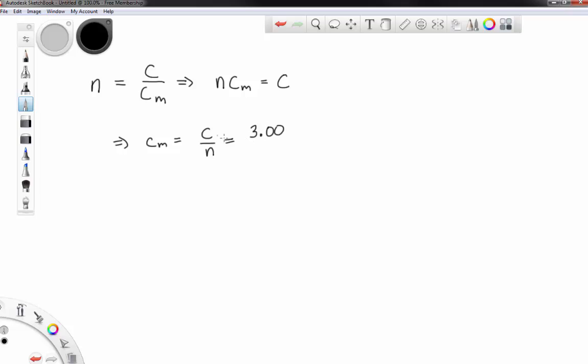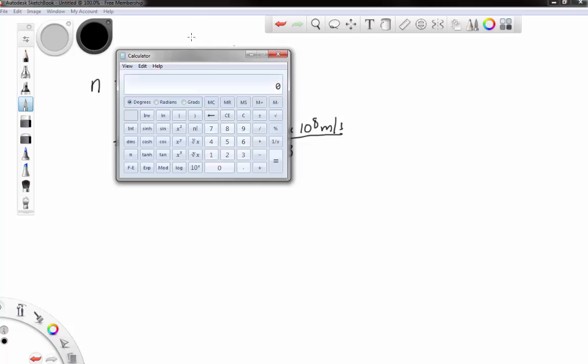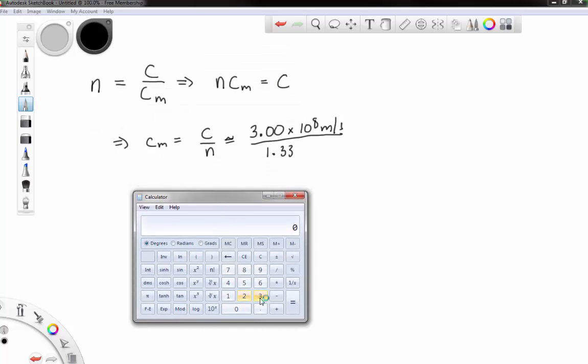We'll use the approximation of 3.00 times 10 to the 8 meters per second divided by the refractive index for water, again, was 1.33. So we can put this into our calculator. 3 divided by 1.33 gives us 2.2556.